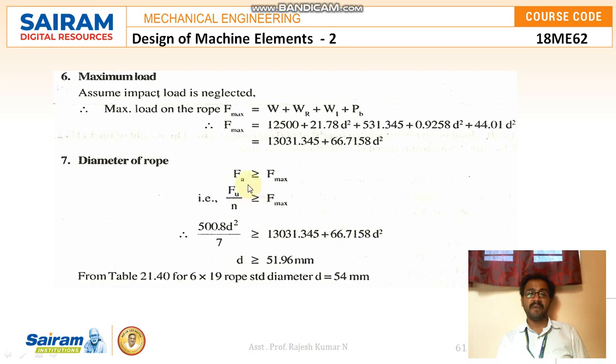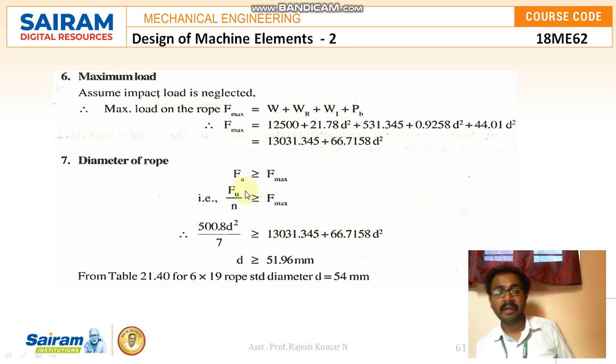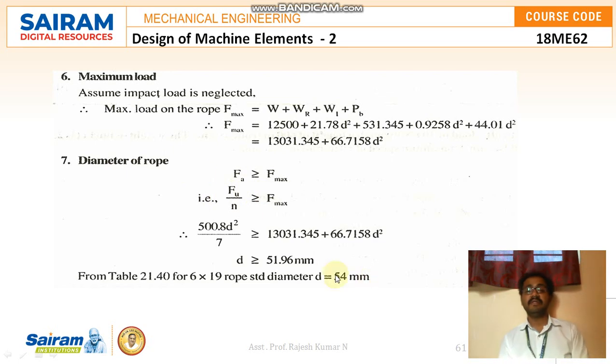The formula is FA, the allowable load, which is greater than or equal to F max, which is nothing but the ultimate load divided by factor of safety, greater than or equal to F max. I know the FU value, it is 500.8 d square from the table I have chosen. Similarly, the factor of safety value I also know, which I have taken from the table, and this should be greater than or equal to the F max value, that is 13031.345 plus 66.7158 d square.